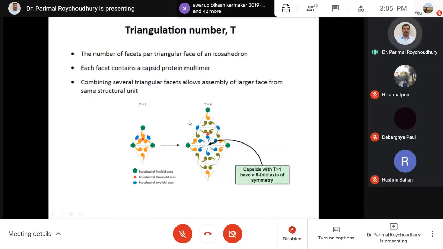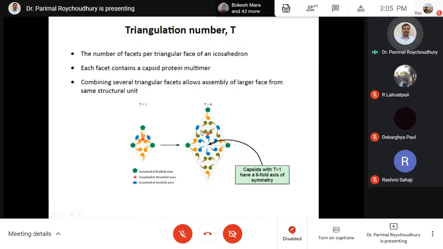Now again, when you talk about the triangular faces, the simplest icosahedrons, where they have only one triangular face, we call it T1. However, it has been seen in certain other icosahedral symmetry viruses that each triangular face is again divided into certain facets.